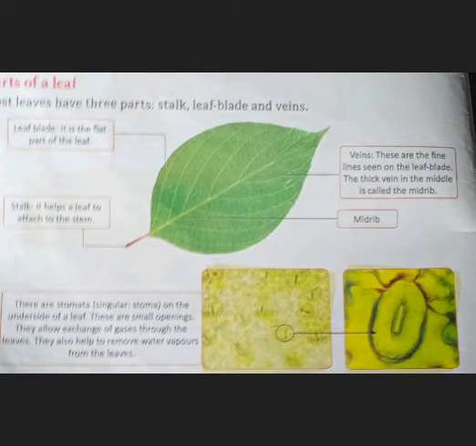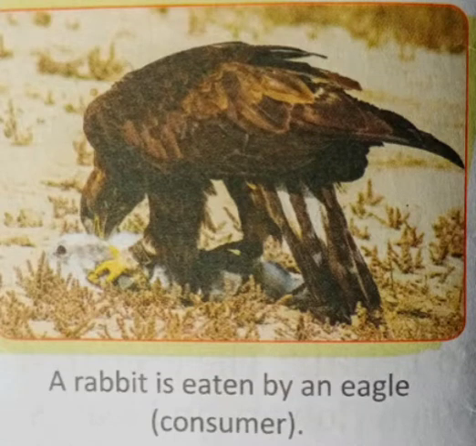There are many different types of leaves when it comes to shape and size, but they all have some common parts. Leaves perform different functions. They make food for the plant and are therefore called the kitchen of the plant. Leaves help the plant in transpiration and exchange of gases through stomata.